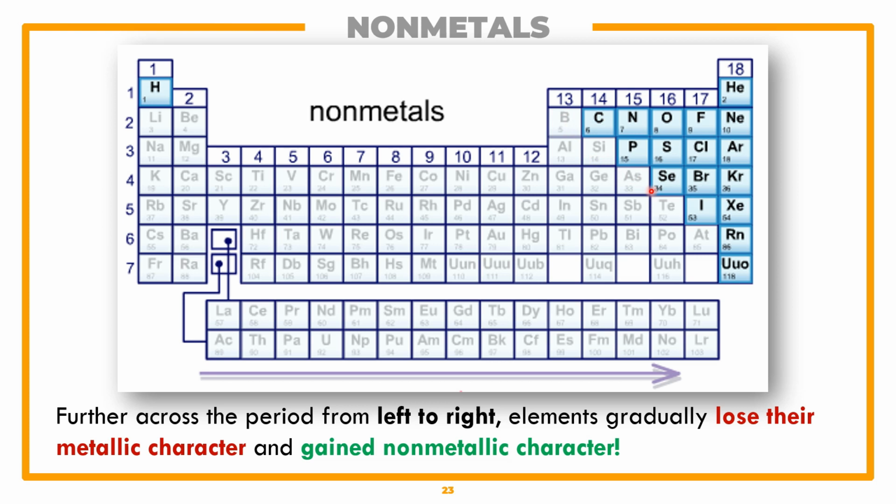Hydrogen and the elements in the right of the periodic table here are nonmetals. So across the period from left to the right, elements gradually lose their metallic character and gain nonmetallic character. So these are metals and these are nonmetals. So moving from left to the right of the period, the metallic character will be decreases and non-metallic character will be increases.